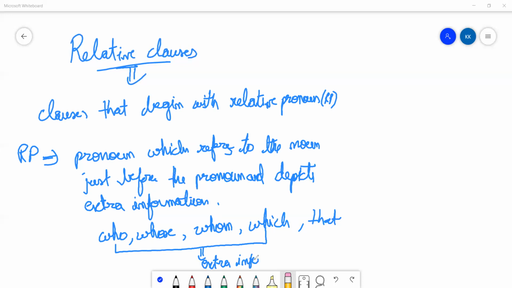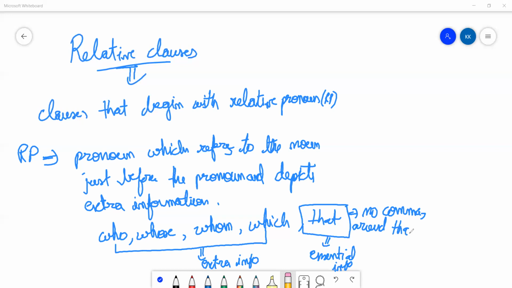Whereas only this one relative pronoun, that, it depicts essential information. That is the reason, if you remember when we were doing punctuations, we have this rule that there are no commas around that. Open your reading book, start. No commas around the word that.